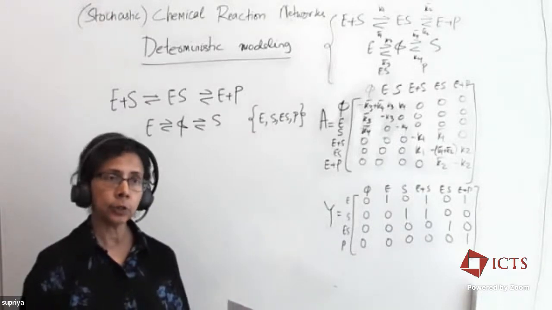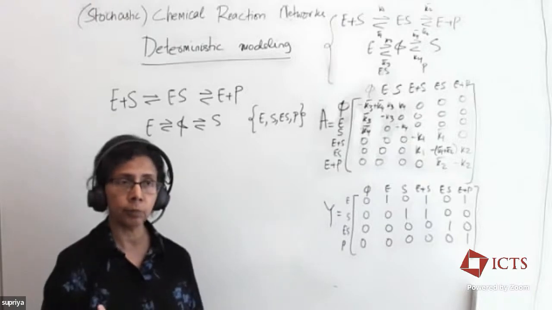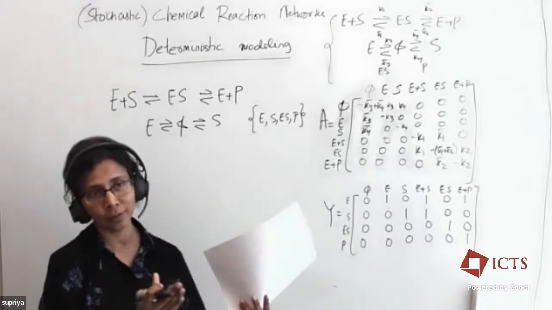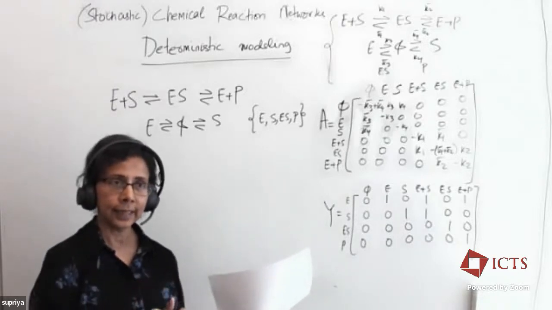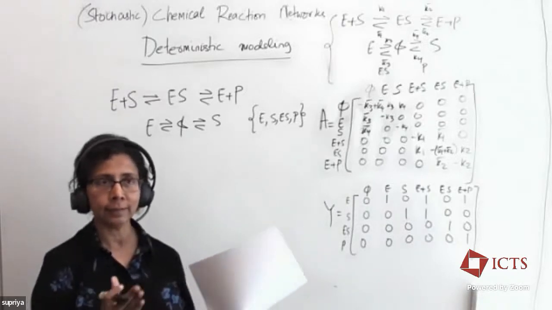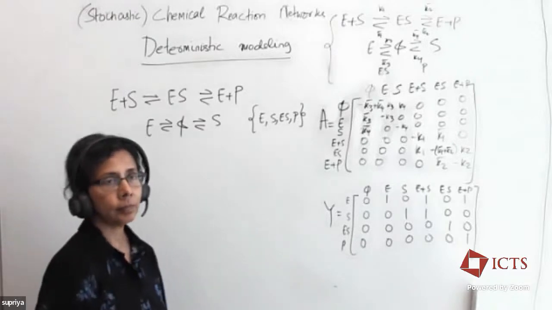In the very same language, we can also denote a complex, right? So now that we have our column vectors, E plus S is just the addition of our vectors E and S. And ES is both a species and a complex. E plus P is just the addition of E and P, etc.